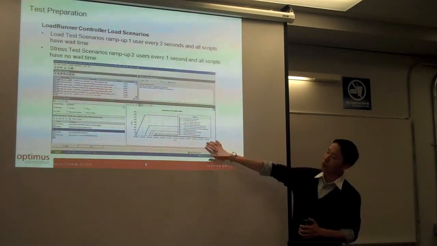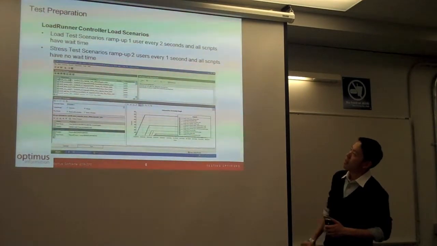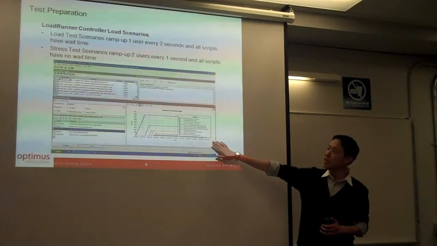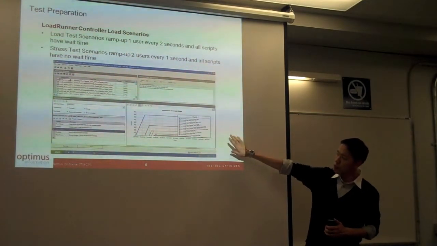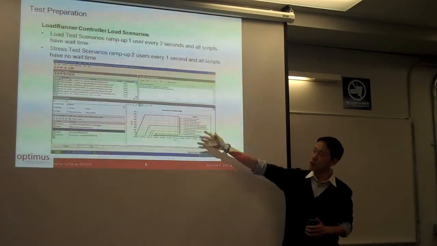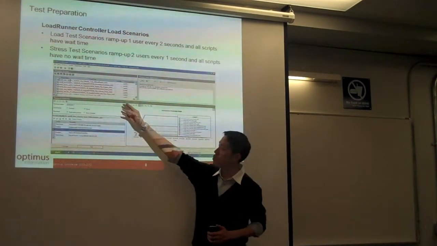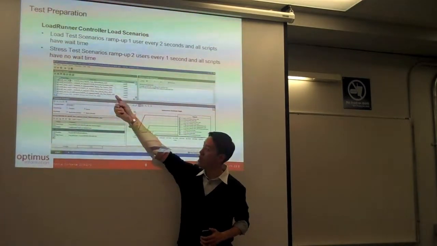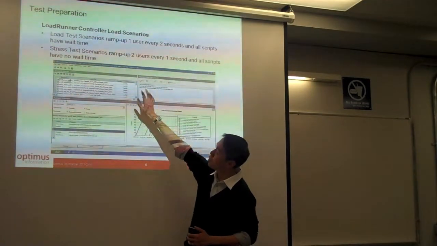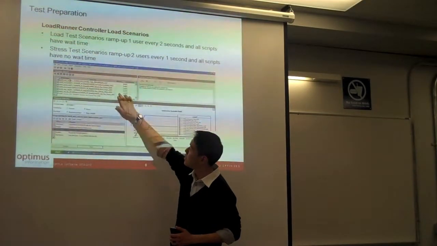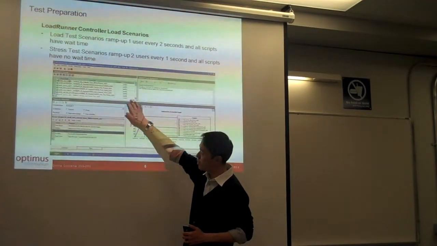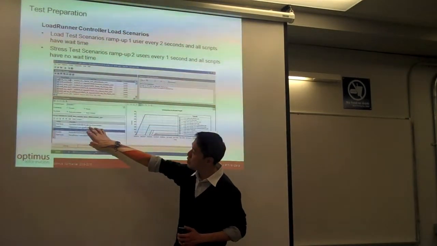Finally, we see one of the LoadRunner screens. This is not the scripting screen. This is LoadRunner controller. We use the controller to design the load profile. Assuming we already create all these different LoadRunner scripts, we use the controller, import all the scripts here, assign them with different number of users, tell them which load generators to use, design the ramp-up rate.